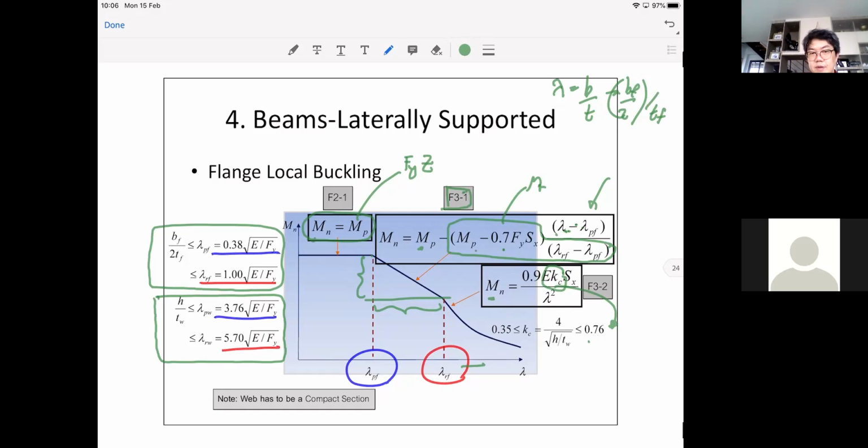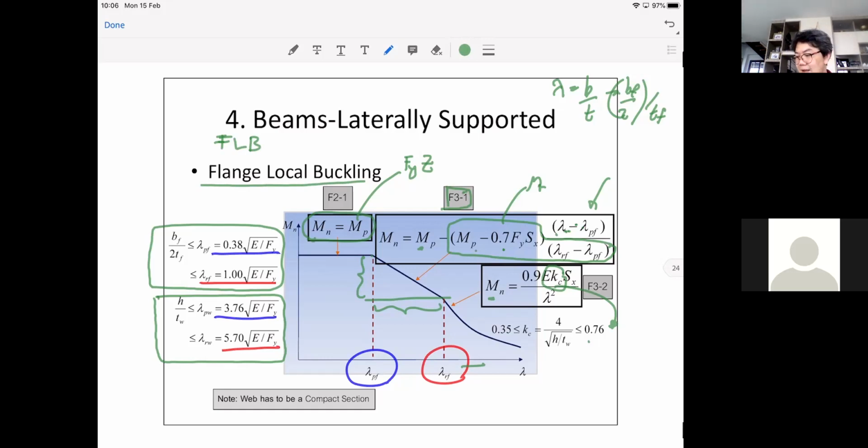Okay? Remember that this is flange local buckling, or you can call it FLB. Okay? And if you have the issue with flange local buckling, it means that local buckling may occur before your beam can reach MP.